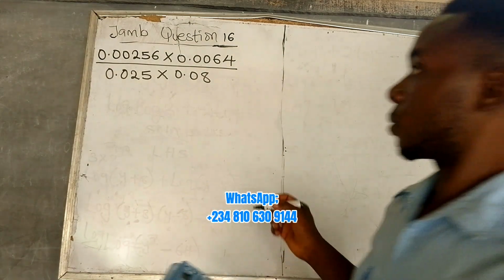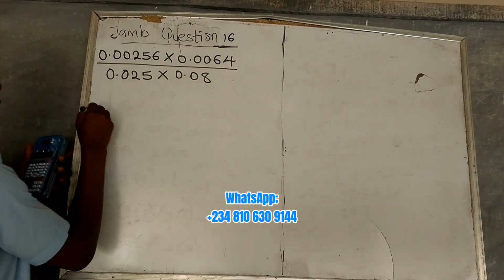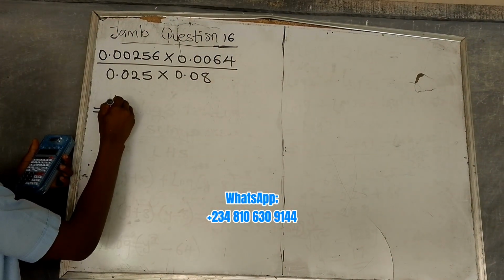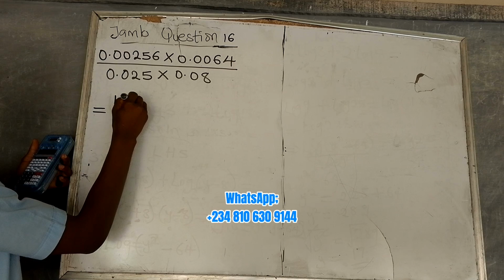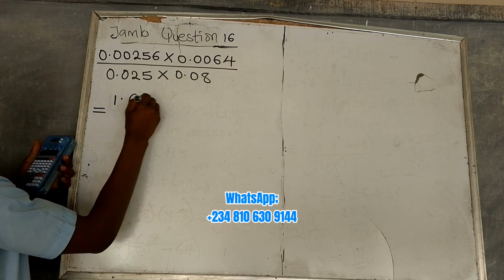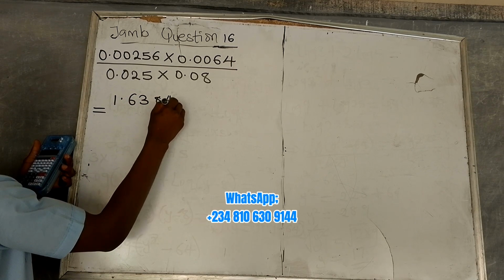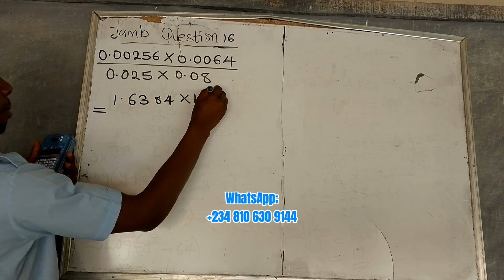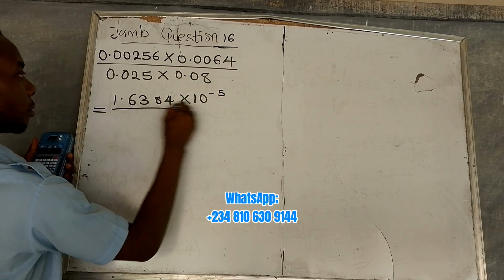Now your calculator will give you 1.6384 times 10 raised to the power minus 5 over.